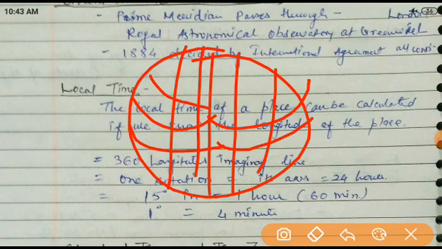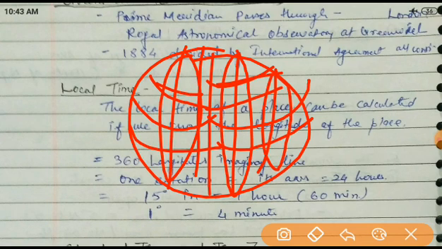That's why the time is different in different places, and each country has a particular location, a particular part. So they make their own time, an important reference time from which they can calculate the time of their particular country. So this is called the local time.